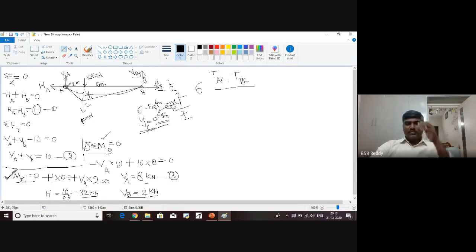First, let us see how to solve this by the technique of collinear forces. Let us see this at A. I'm drawing the forces at A. This is the vertical reference line, and this is the horizontal reference line.